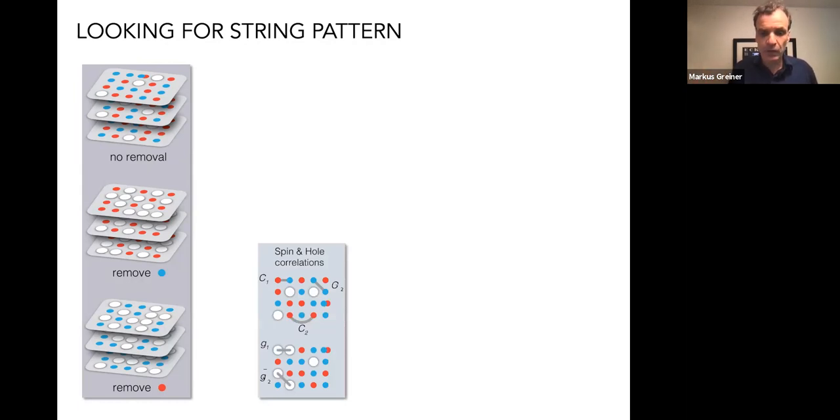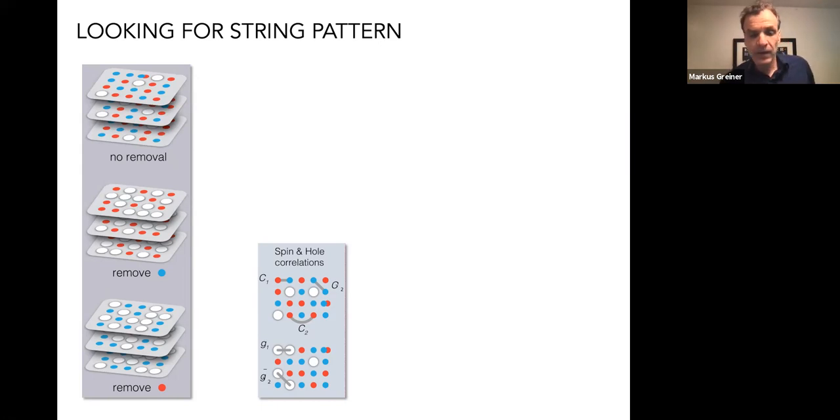The first thing is you can look at a traditional two-point correlation function, for example. Spin and hole correlators, or also magnetic order, or the likelihood to find two holes next to each other. And this is very related to the kind of observables you have in condensed matter physics.